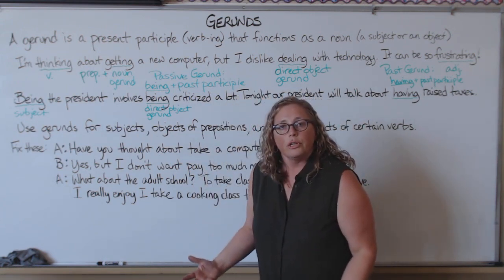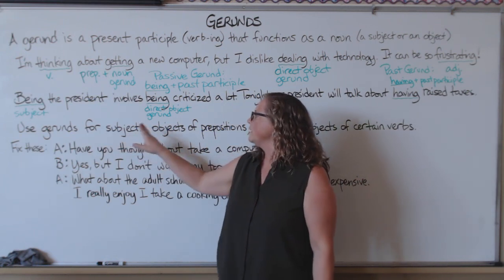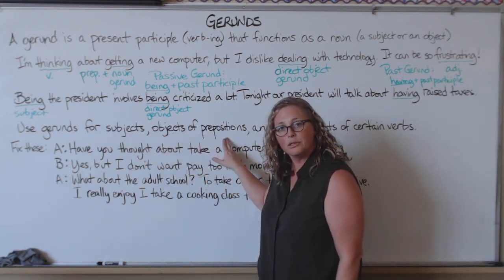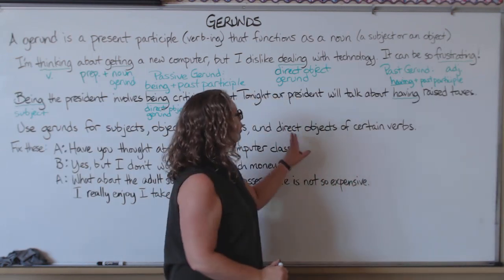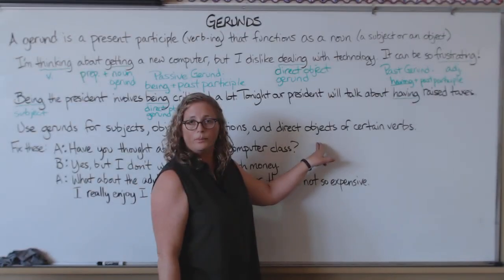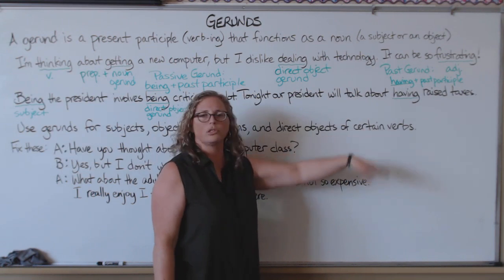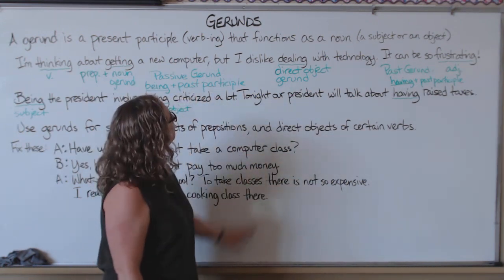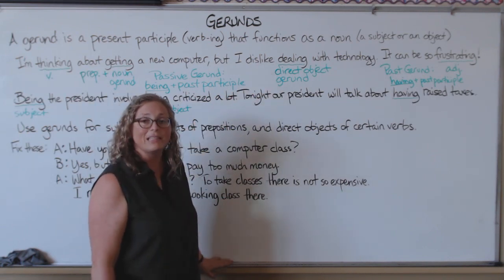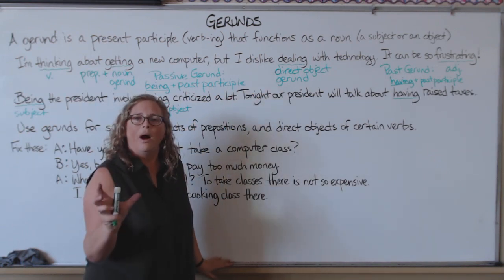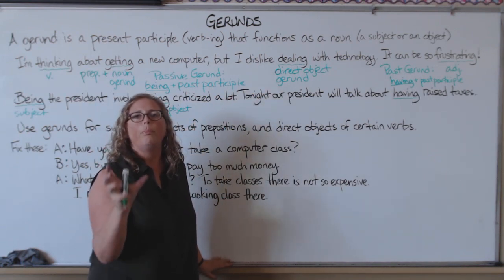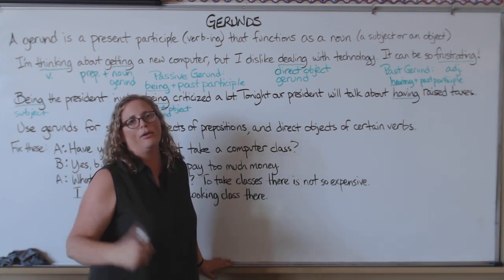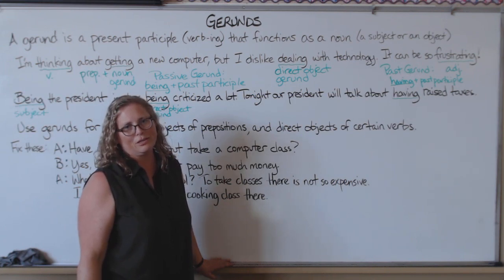So what have you learned? You've learned that you should use gerunds for subjects, for objects of prepositions, and for objects, direct objects, of certain verbs. What do I mean, certain verbs? Well, a verb like dislike is part of a group of verbs that has a gerund after it.